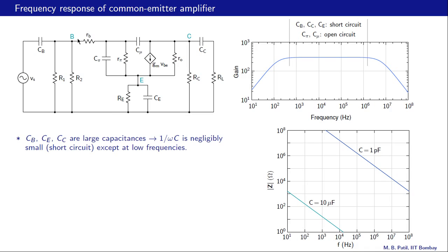That becomes comparable to the impedance seen from this port, and now there is a voltage division of Vs between CB and the rest of the circuit, and therefore the circuit sees a smaller voltage than Vs, and because of this there is a drop in the gain at low frequencies.